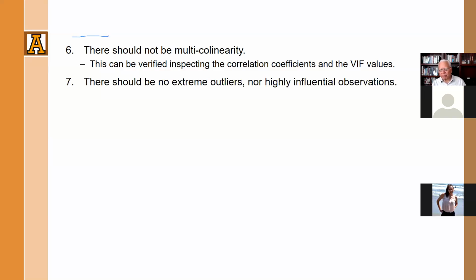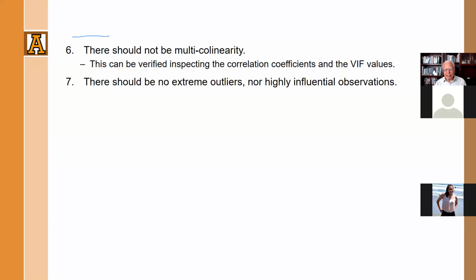There should be no extreme outliers, and there should not be any highly influential observations. If there are outliers, it's not okay just to throw them away. We need to find out if there's a reason for that outlier.